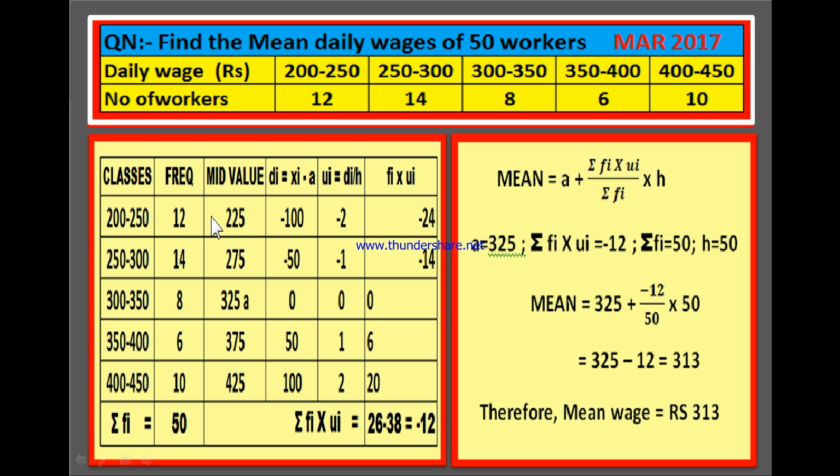But if you use the direct method, for some cases the mid values you will get 0.5 or so. If the mid values are in points or the mid values are very large numbers or the frequencies are very big numbers, in such cases the calculation will be difficult. In all such cases, it is better to use the step deviation method.